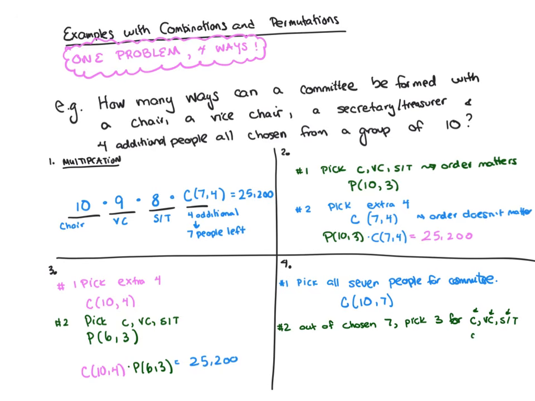So here order matters, so I'm going to use a permutation instead of a combination. Out of those 7, I'm going to pick which 3 I want to be my positions. So in this case, I'm going to get C10 7 times P7 3. And that will also give me 25,200. So there's lots of different ways of thinking about these problems, but they all give us that same answer.